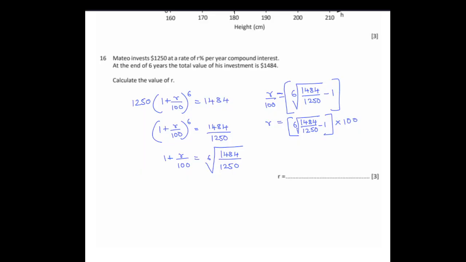So open the brackets and shift key, 6th root, that means go, delete this root, 6th root, fraction button, 1484 by 1250, then minus 1, close the bracket, into 100, 2.901.